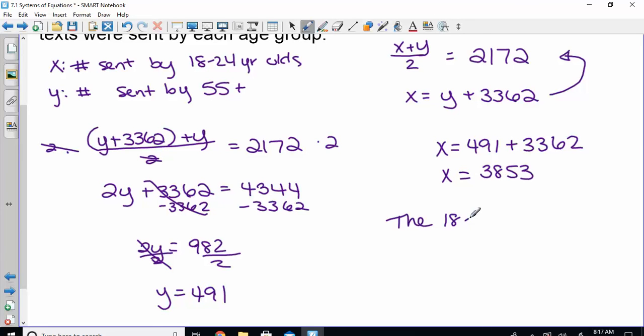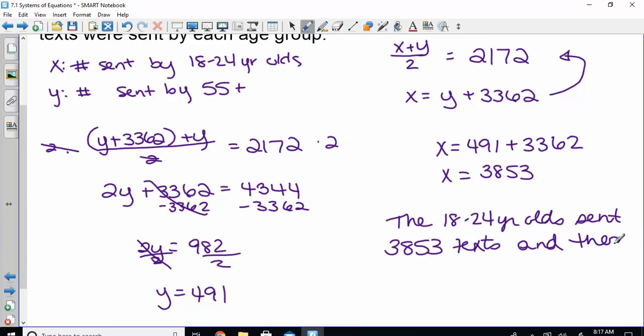The 18 to 24-year-olds sent 3,853 texts, and those 55 or older sent 491.